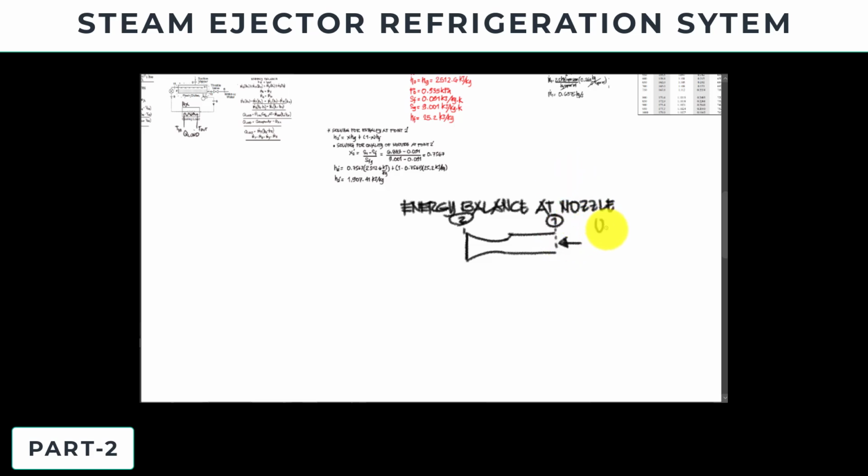So we have your internal energy 1, potential energy 1, kinetic energy 1, we have your workflow 1, and leaving, we have internal energy 2, potential energy 2, kinetic energy 2, and we have your workflow 2. Now, energy in equals energy out.